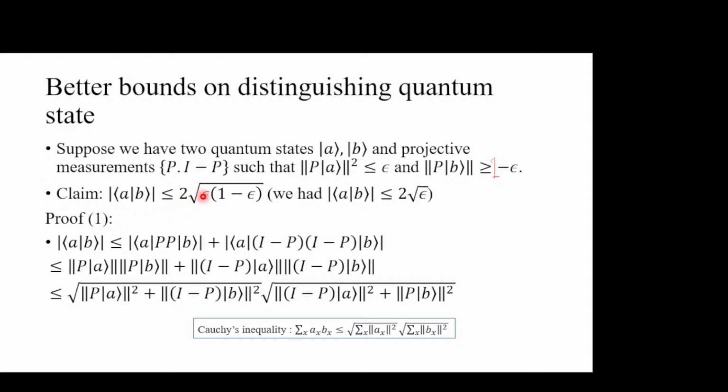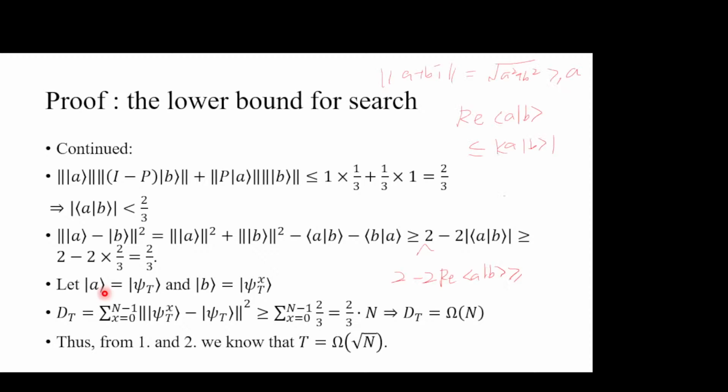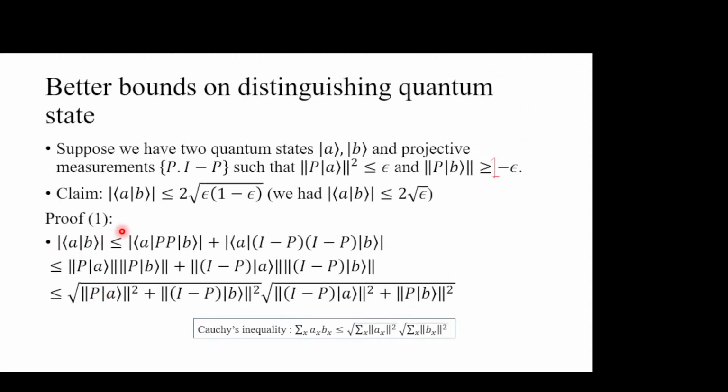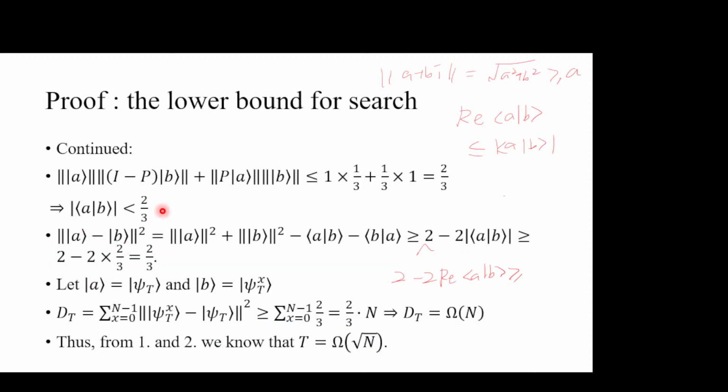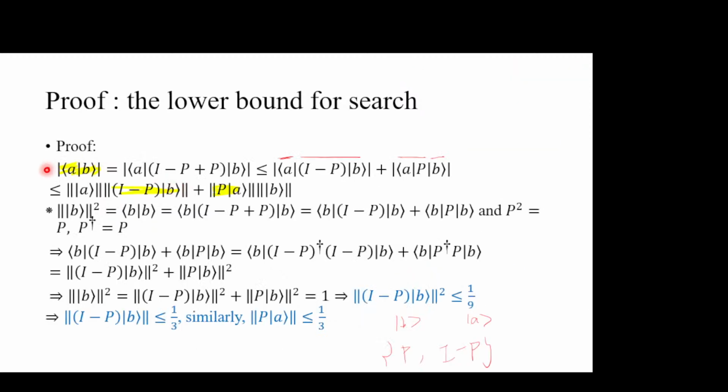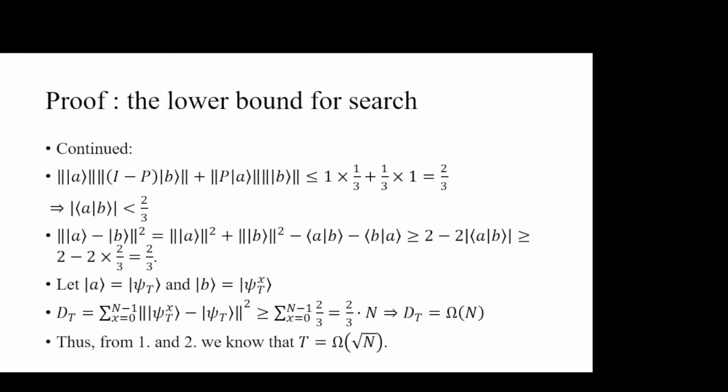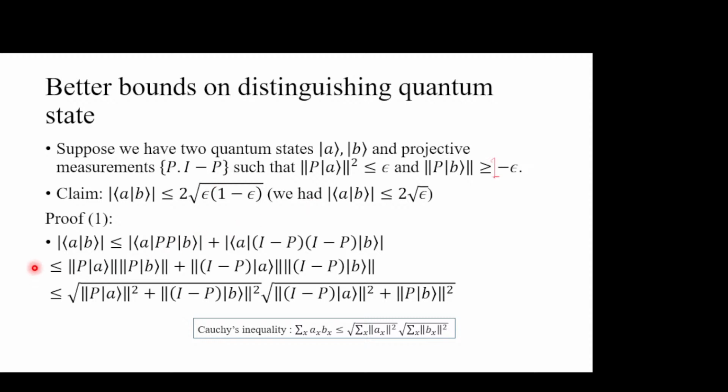First we do this in an algebraic way, and basically we just do the algebra better. The first step is very similar. We break the inner product of A with B into the inner product of A and B with 1 minus P and P sandwiched inside. Here we just do things a bit smarter.